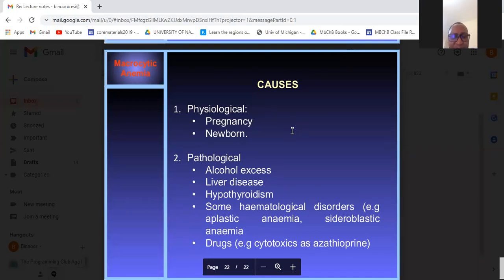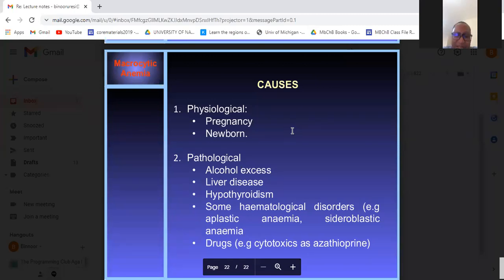Patients with hypothyroidism have macrocytes. Some hematological conditions like aplastic anemia and sideroblastic anemia. Aplastic and sideroblastic anemia also cause microcytic hypochromic anemia, but over a long time, they cause macrocytes. So those are two conditions.